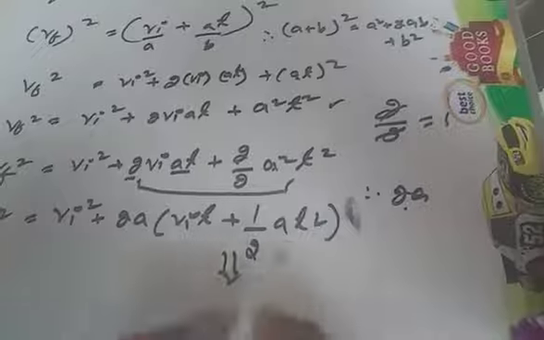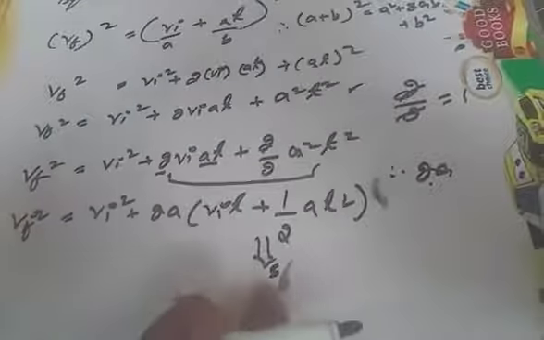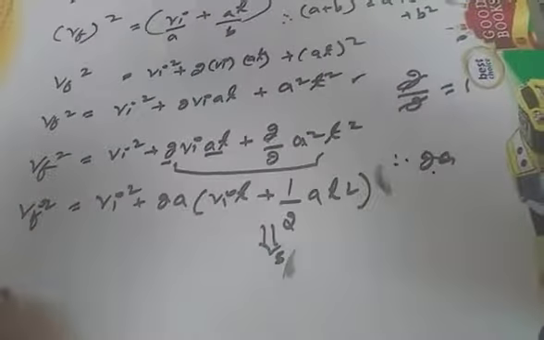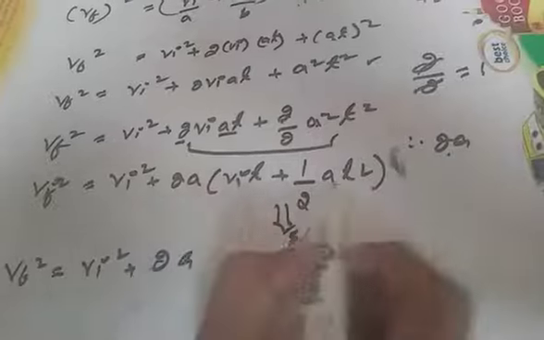So we know this is the second equation of motion, and this is equal to s. So vf² is equal to vi² plus 2a, and this whole term is the second equation of motion, s is equal to vit plus 1 upon 2 at².